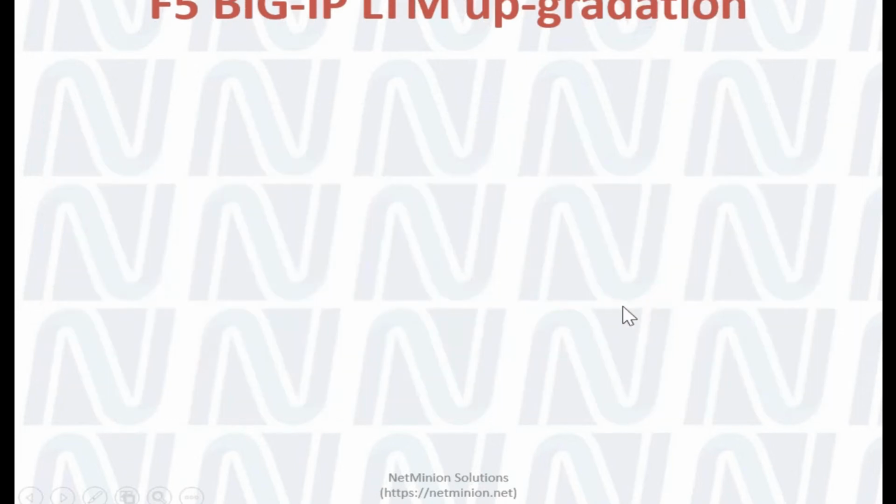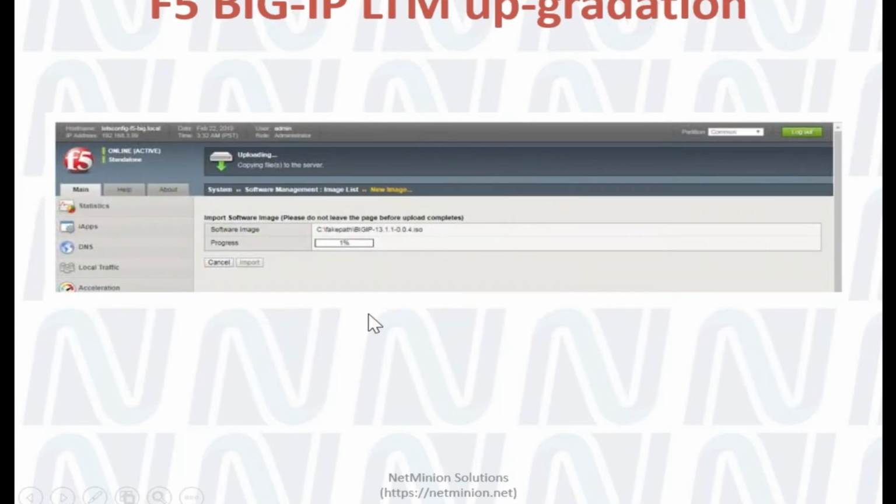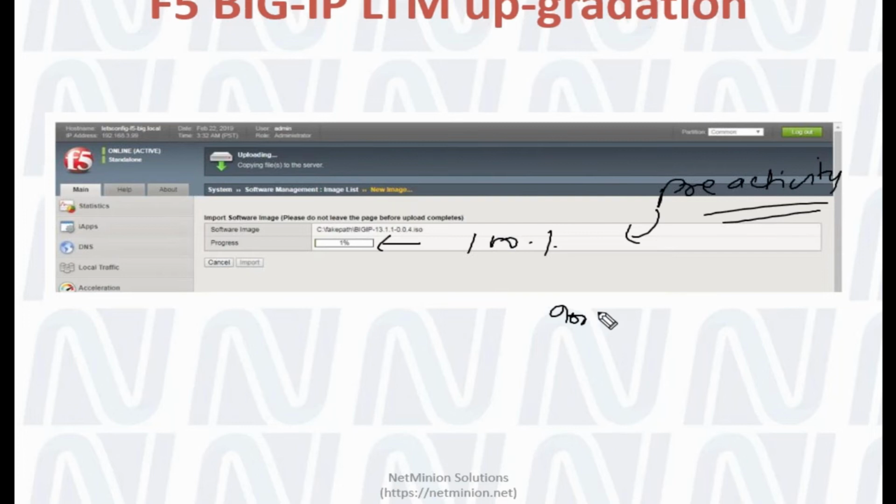When you click on import, the image will show, and you can check the status. When your image is coming onto your system, it will show the status, 1%, and it will go to 100%. You need to do it pre-activity, because it is a non-disruptive thing. It will never make any changes on your device.